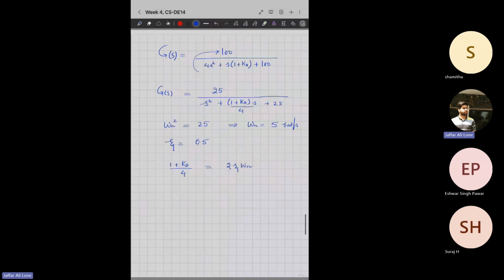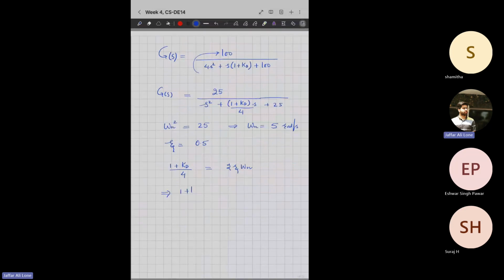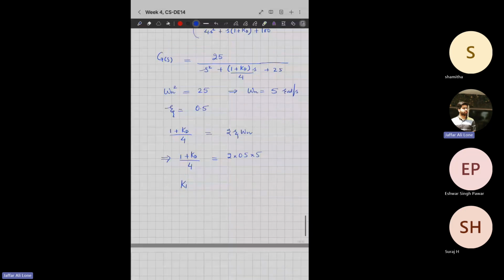It implies (1 plus KD) over 4 is equal to 2 into 0.5 into 5. Perfect. So my KD is equal to 4 into 0.5 into 5 into 2, minus 1.